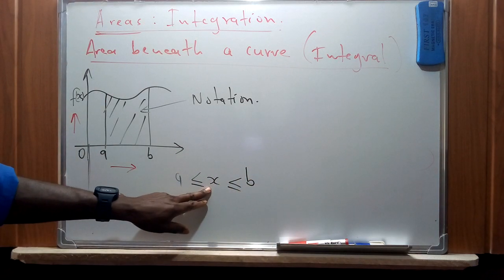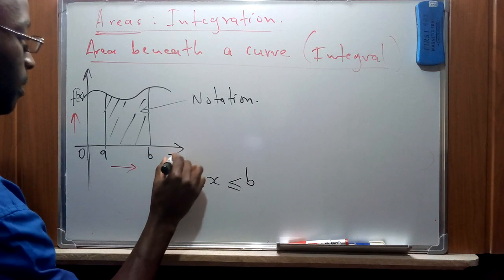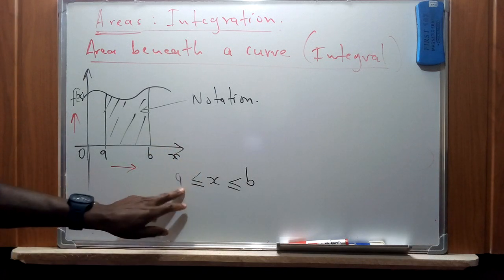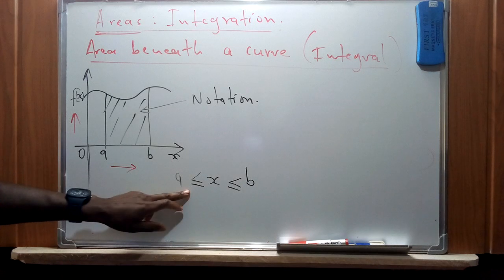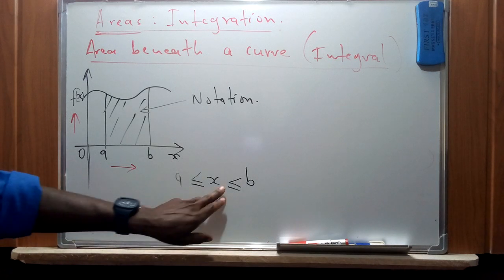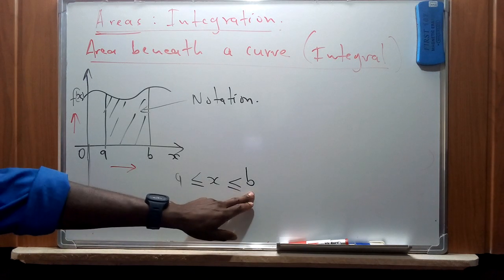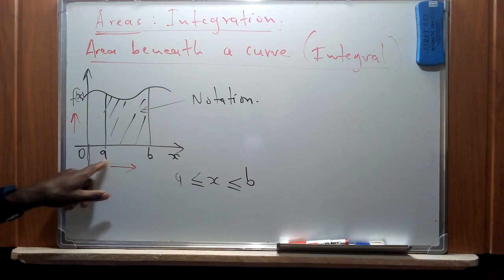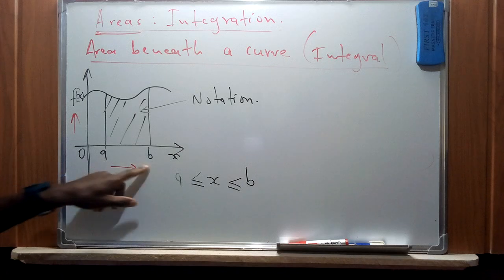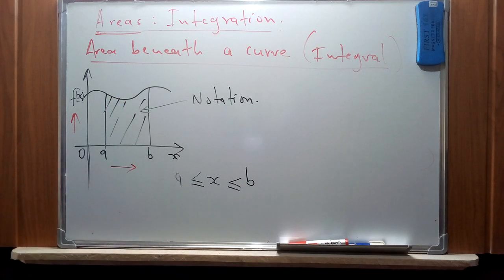If x is equal or greater than A, or x is smaller than or equal to B, that gives us a bound for this restriction for the points A and B, which means it is the area between A and B that is being referred to.